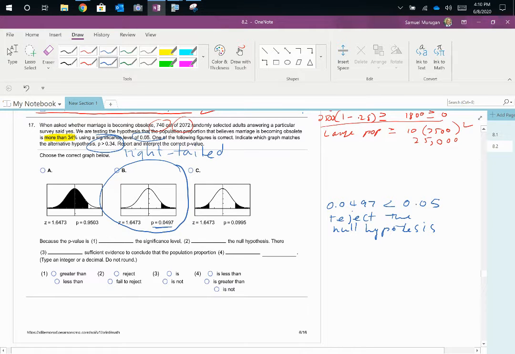So because the p-value is less than the significance level, we reject the null hypothesis.